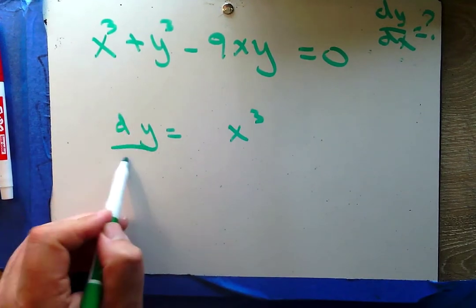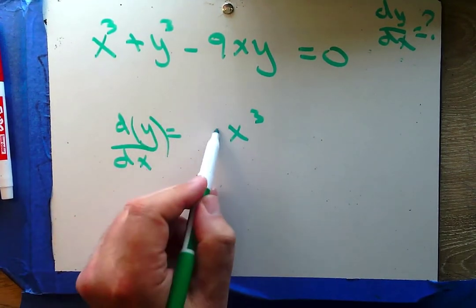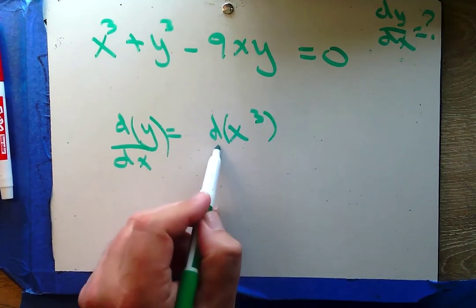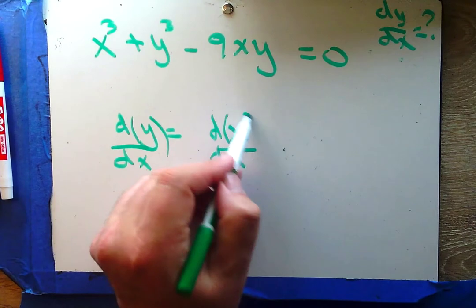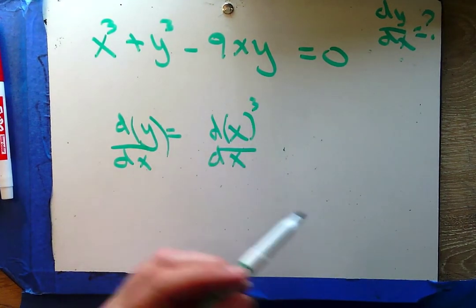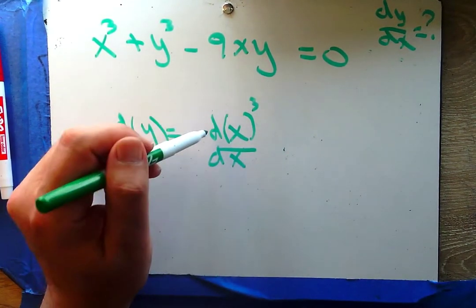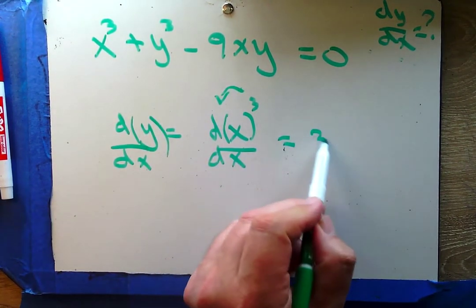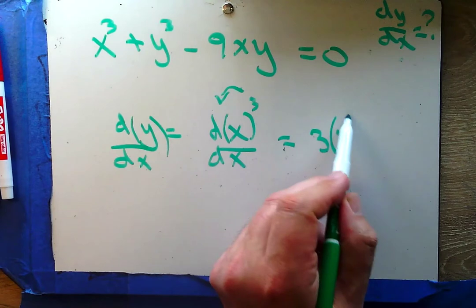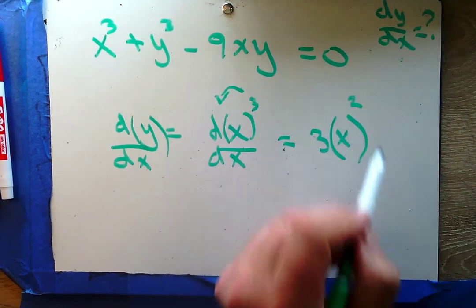If I take the derivative with respect to x at both sides, here's what I would like you to understand and recognize. Taking the derivative of this means taking the derivative of that outside function. Leave the inside function alone. Don't forget to subtract 1.